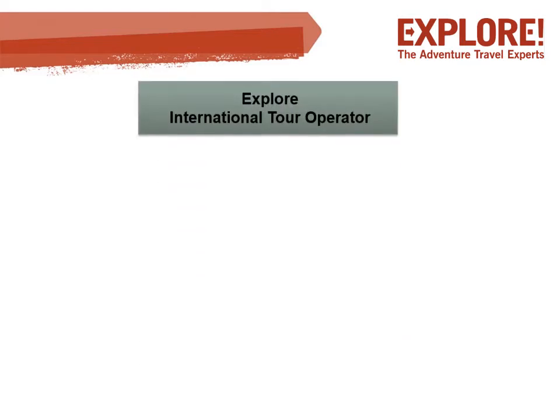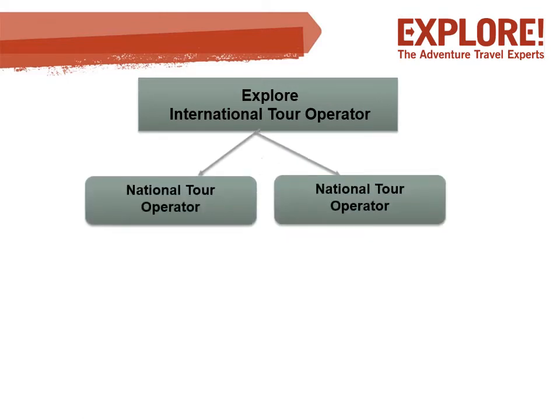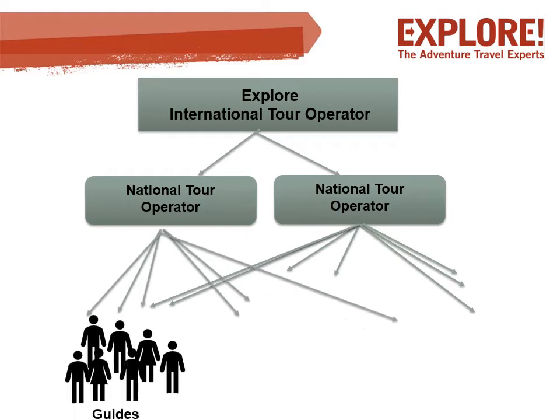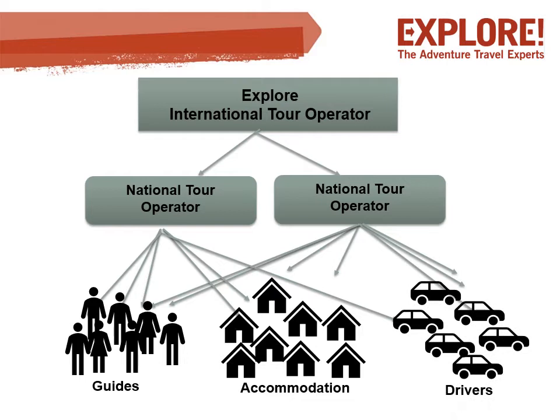There are several layers of responsibility with standard operating procedures. Explore is the international tour operator. We have contracts in each country with the national tour operator, like yourselves, who in turn have contracts with extended suppliers, such as local guides, accommodation, and transport.